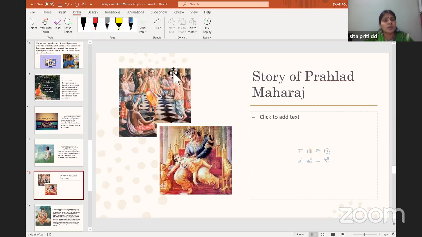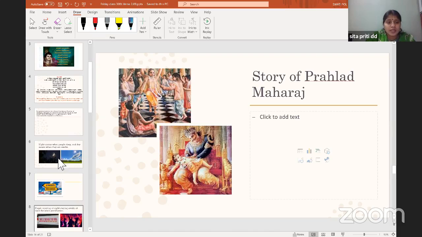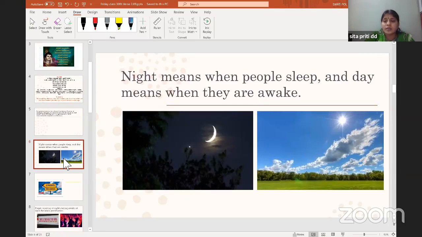So this is the compassionate nature of a devotee. It is said that these devotees, because they are chanting the holy names of the Lord and using their senses in the service of the Lord, are always in bliss.